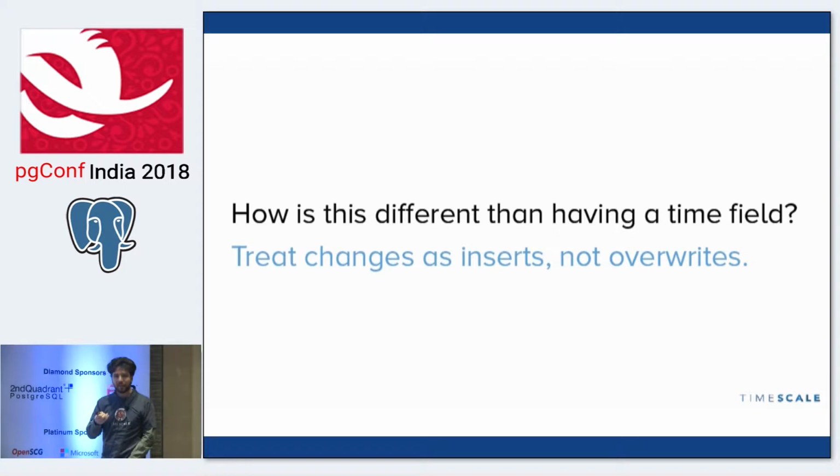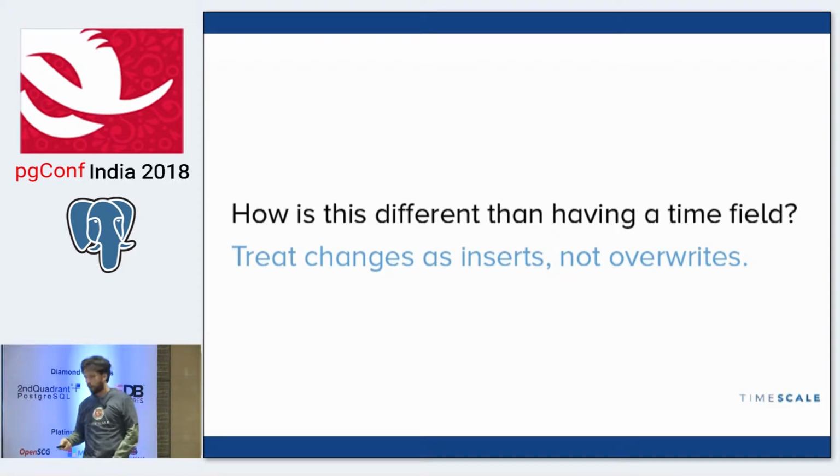Instead, all of the changes are marked as new rows in your table with a new, or mostly more recent, timestamp. You might be backfilling some data, but for the most part, your data comes in as new data. And this is actually our much broader definition of time series data: data with a timestamp that comes in over time.